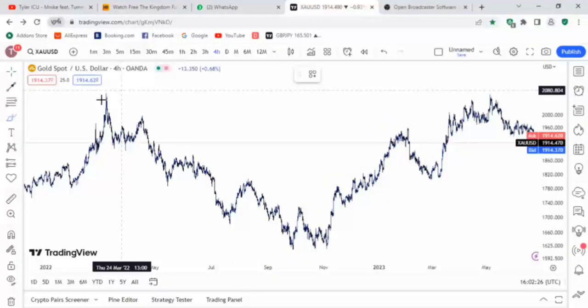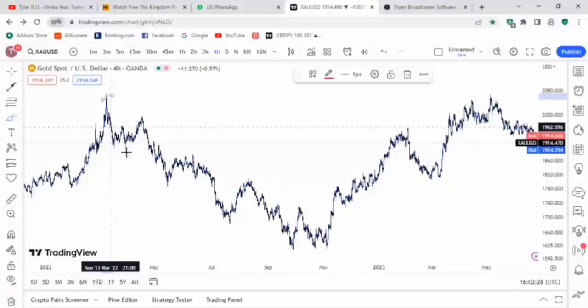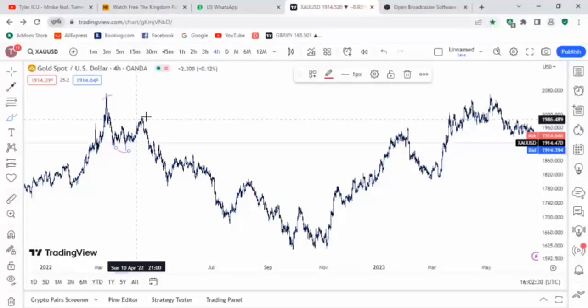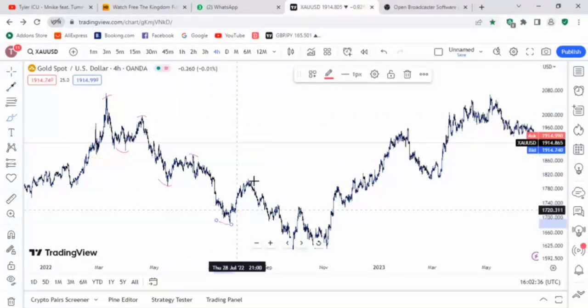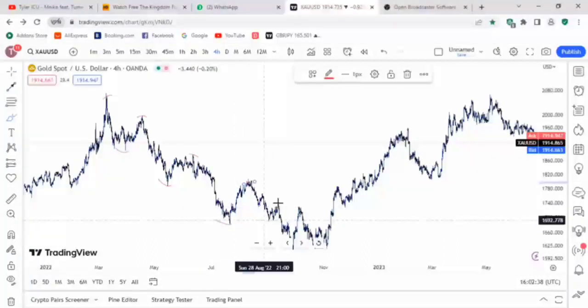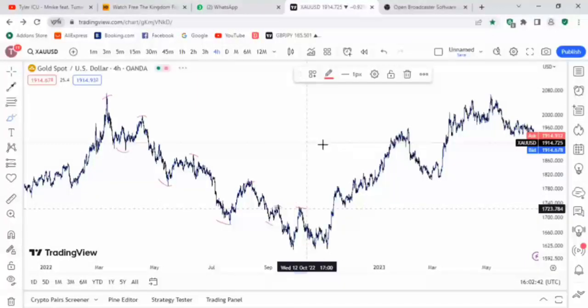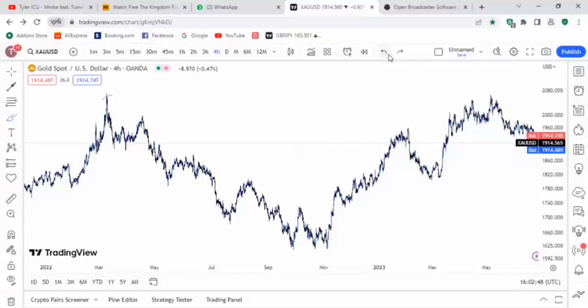This is going to be our high, this is going to be our low. This is going to be our lower high, lower low, lower high, lower low, lower high, lower low here, lower high here. You see, this shows that you are moving in a downtrend.